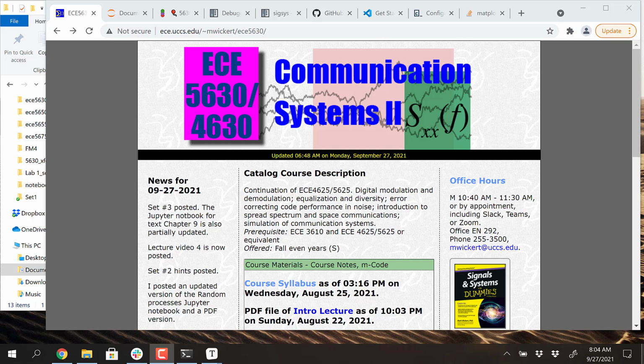So this morning I pushed up set number 3, and I put up a partially updated version of the Jupyter Notebook for Chapter 9. It turns out it has a lot of simulation stuff in it for digital comms, and I got stuff that's broken in there. I was playing with it, and it was bringing Jupyter Lab to its knees.